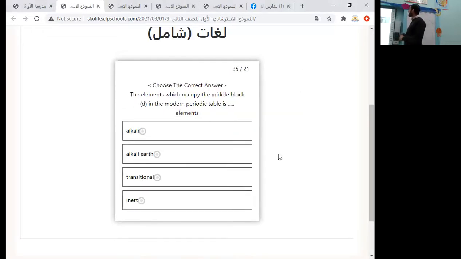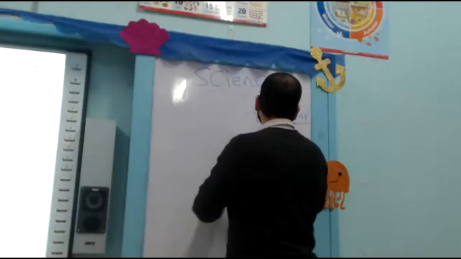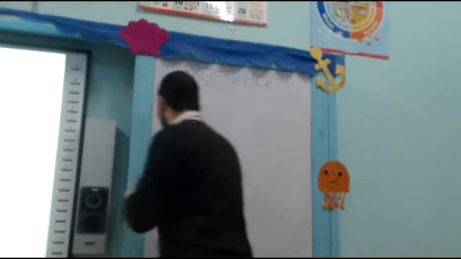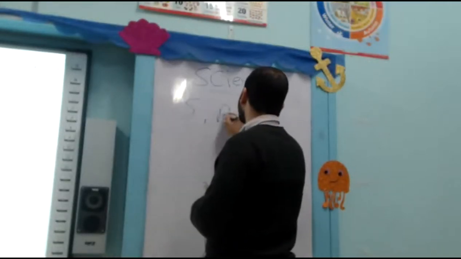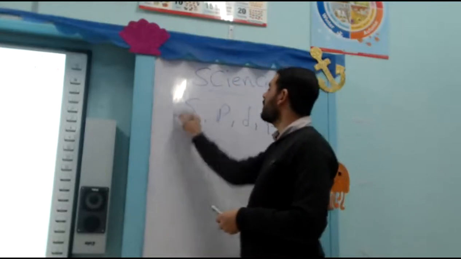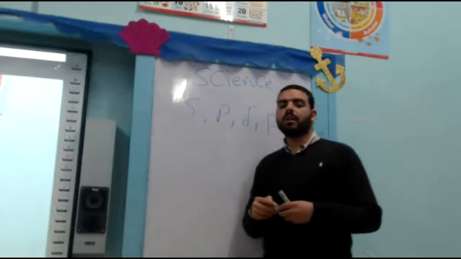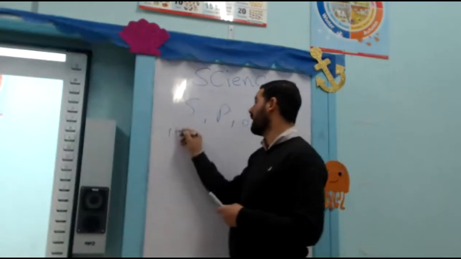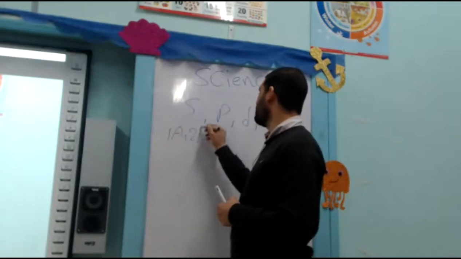The element which occupies the middle block of D in the modern periodic table is what? Okay, let's talk about elements. In the modern periodic table, there are 4 blocks, which are S block, P block, D block, and F block. S block contains alkali metals and alkaline earth metals, which are group 1A and group 2A.